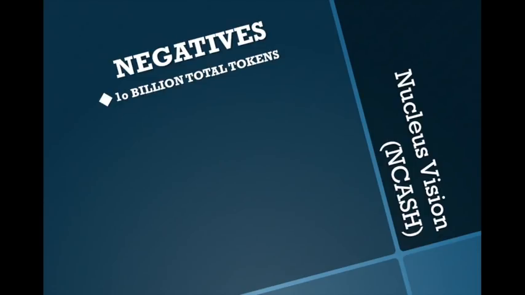Even though it has 10 billion tokens, it won't be a fast pump like Bitcoin. It won't rise all the way up and drop really fast, because there are 10 billion total tokens and a huge, massive circulating supply in the billions. You're going to notice it slowly rise up, but it's also going to slowly come down.